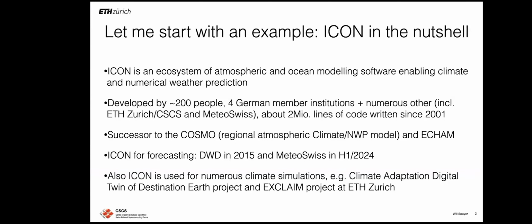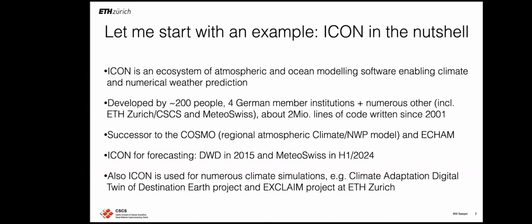ICON in forecasting is used by the German Weather Service since about the mid-2010s, and in fact, with MeteoSwiss, we are about to introduce it now in operation. So it is going pre-operational on GPUs this month, and in early quarter 2 2024 it will go operational as a model.